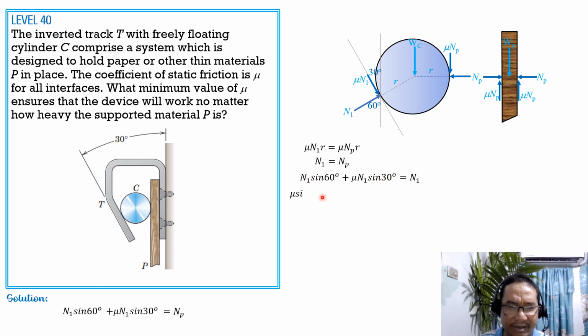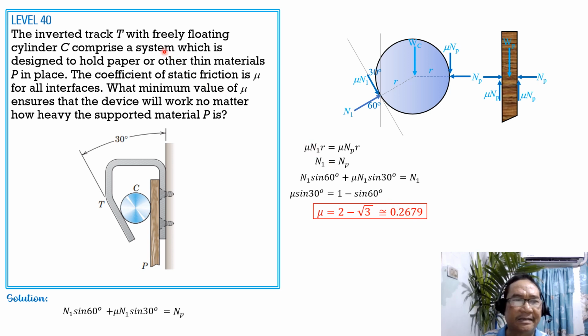Cancel out N1, then we have mu sine of 30 degrees equals 1 minus sine of 60 degrees. So from here we can solve for mu, 1 minus sine 60 over sine 30, and that is equal to 2 minus square root of 3 to be exact, but in decimal it is 0.2679. So that's it for this series of 5 problems, part 8.